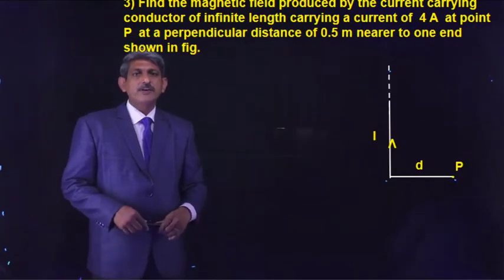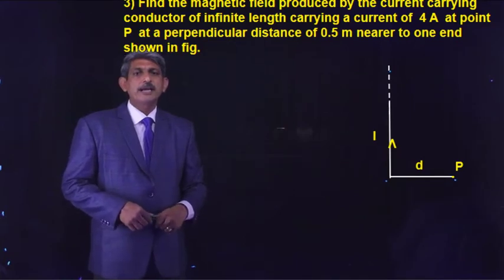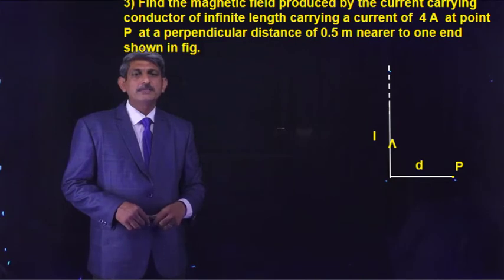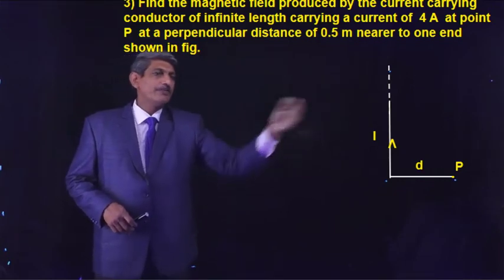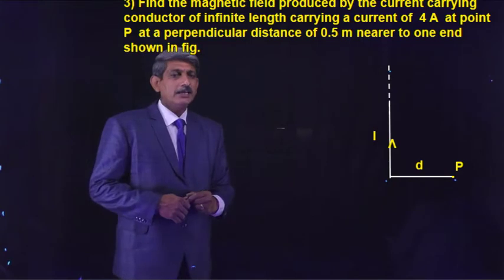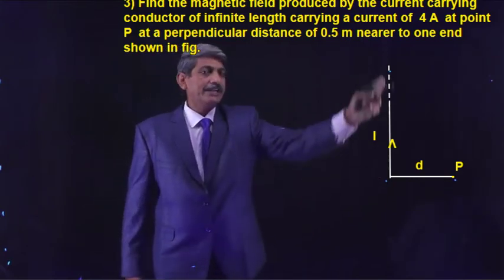Find the magnetic field produced by a current carrying conductor of infinite length carrying a current of 4 amperes at a point P at a perpendicular distance of 0.5 meter nearer to one end, shown in the figure. Here this is the infinite wire.